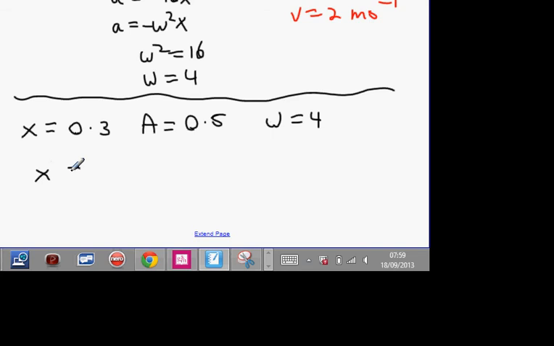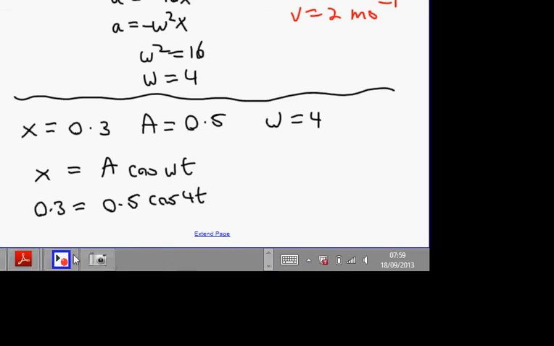You start off at the extreme point, so x is A cos ωt. 0.3 therefore will equal 0.5 cos 4t. Go to your calculator.